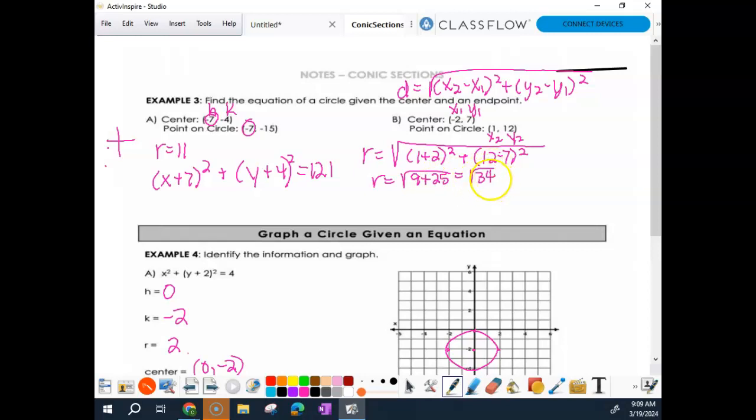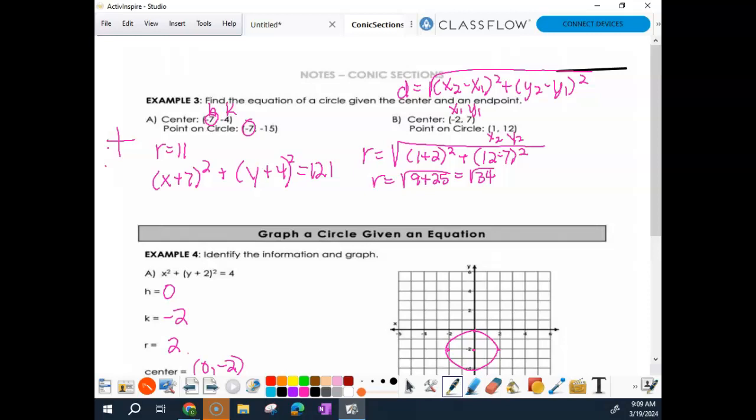So this is the square root of 34. And that doesn't simplify any, right? But if it did, like if it was the square root of 8, which is 4 times 2, you have to simplify that, okay? So now I have my radius, and I have my center, which is H and K.